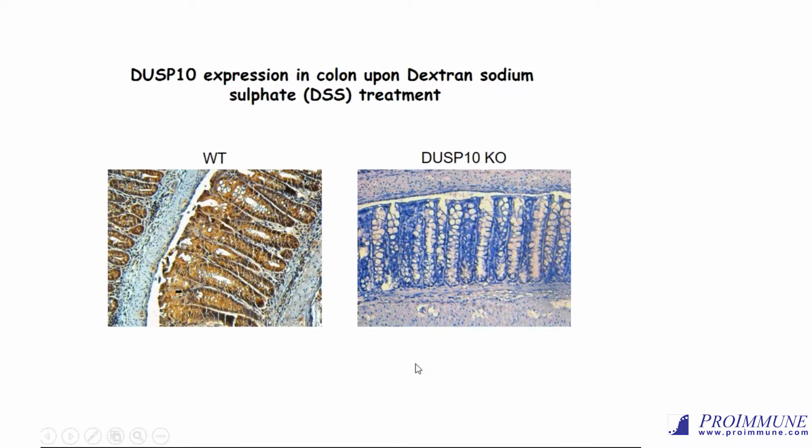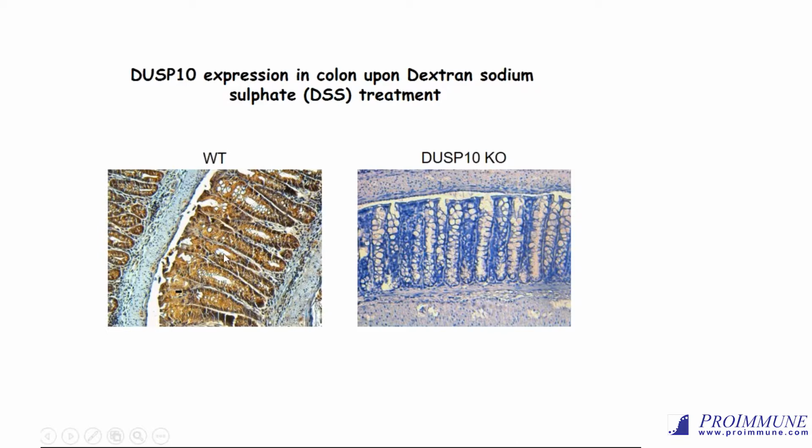So, DUSP10 plays a very important role in the immune response, and how it regulates inflammation in other tissues, such as in the gut, is unknown. To understand the function of this molecule in gut inflammation, we fed the mice with dextran sodium sulfate, also known as DSS, to induce inflammation, and we examined the expression of this molecule by histology in the gut.